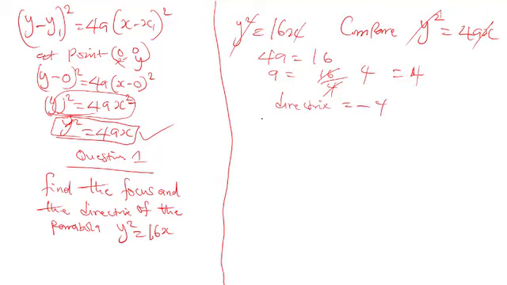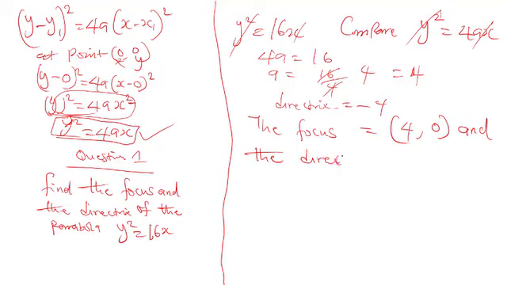So the focus is 4 for x, 0 for y, and the directrix is x equals minus 4. I think this is our first equation that we are supposed to handle.